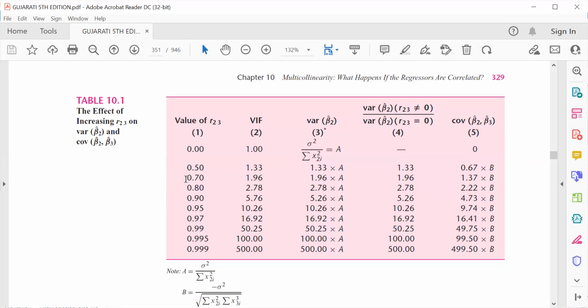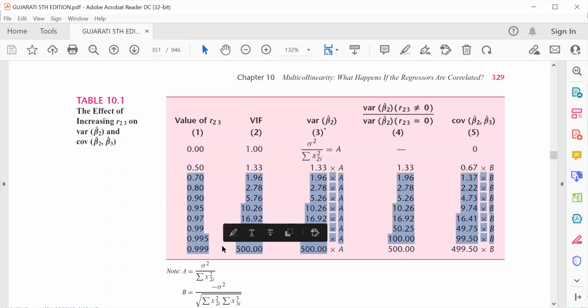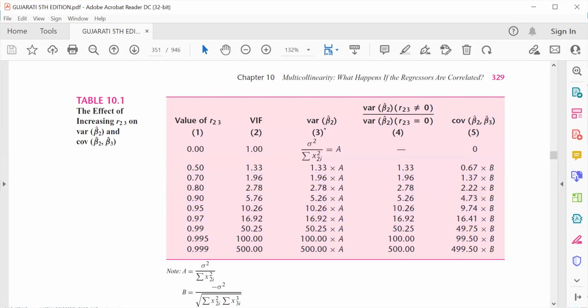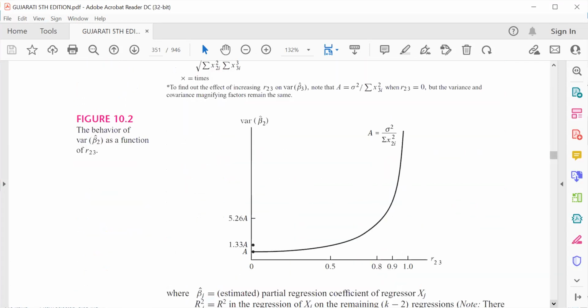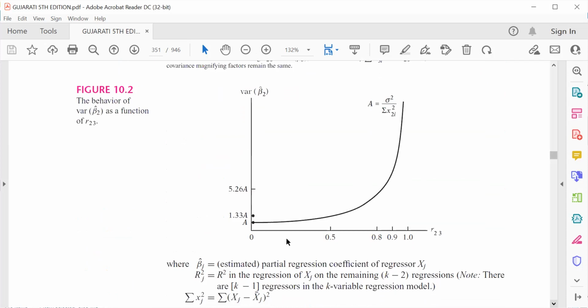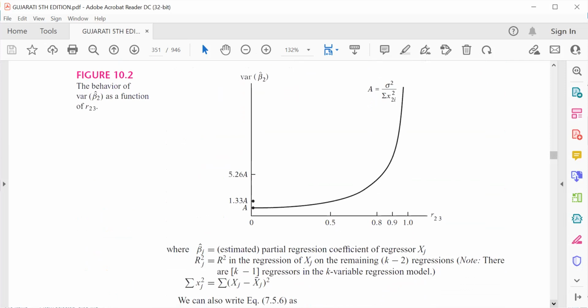Usually if this value is very high, more than 5.5, we have high multicollinearity. Usually if we have only 0.6, something like that, it is still acceptable for our model. This is the correlation between the two variables.